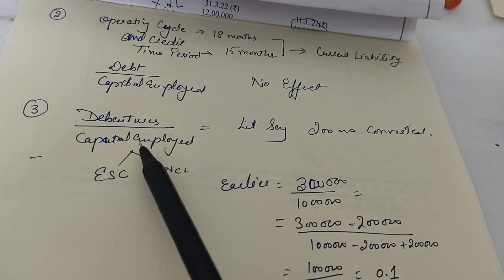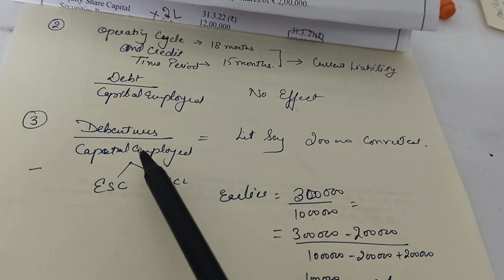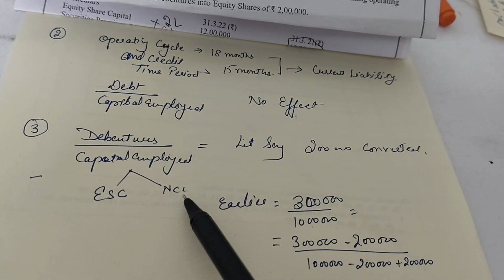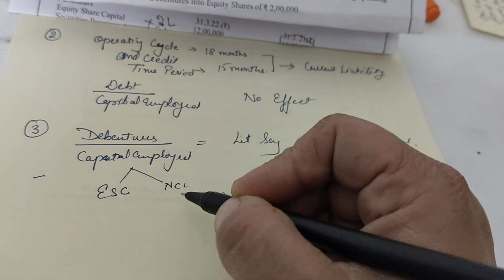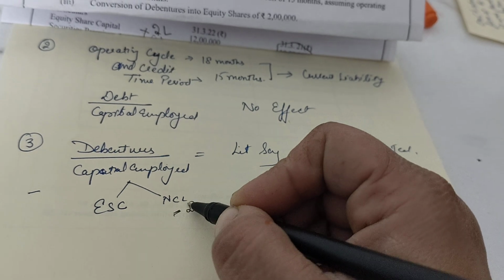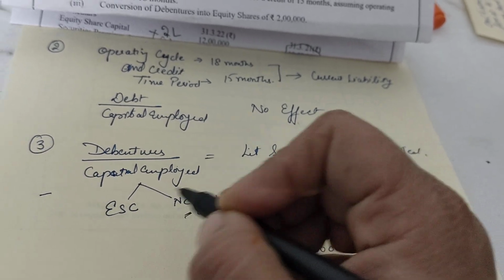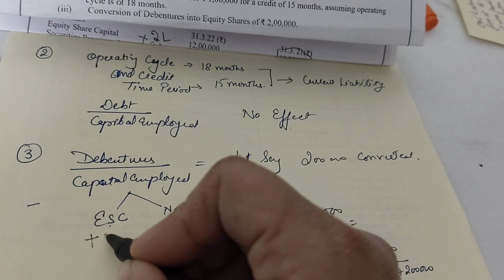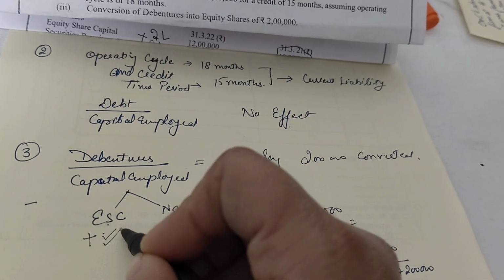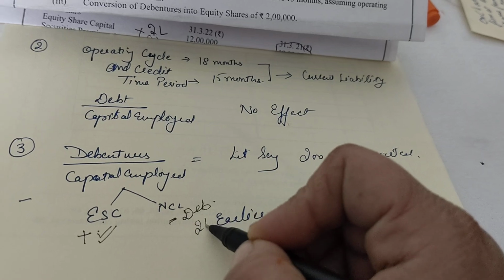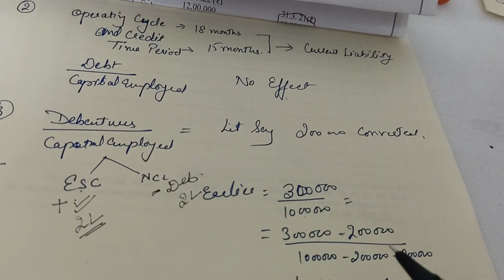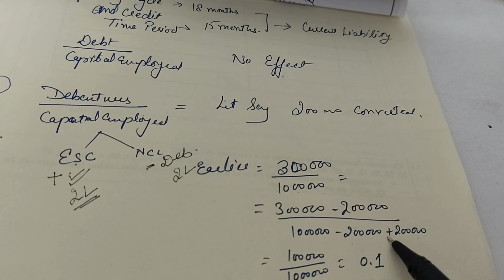In the capital employed, we have equity share capital as well as non-current liabilities. Now when you are converting, your debentures are reducing, but at the same time your equity share capital is increasing. So it is reducing by 2 lakh and increasing by 2 lakh. That means in your denominator there is no change.